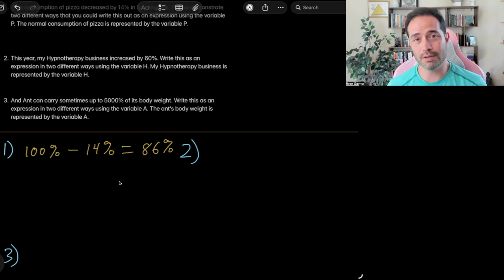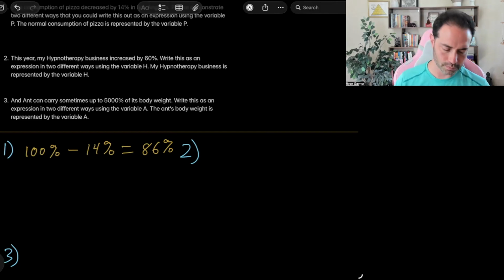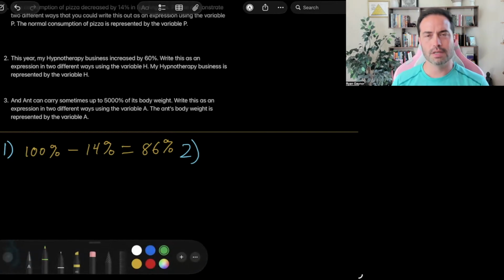The two different ways you could look at is a fraction or a decimal. So how do we write 86% as a fraction or a decimal? So let's take a look at that. The rule for percent to decimal is divide by 100.